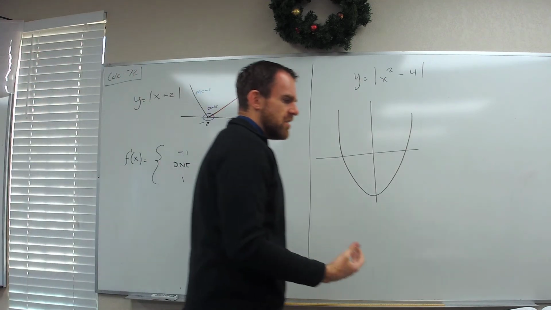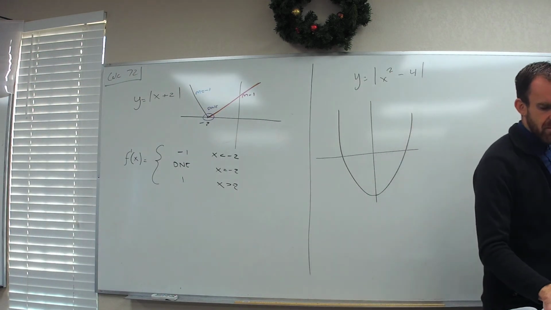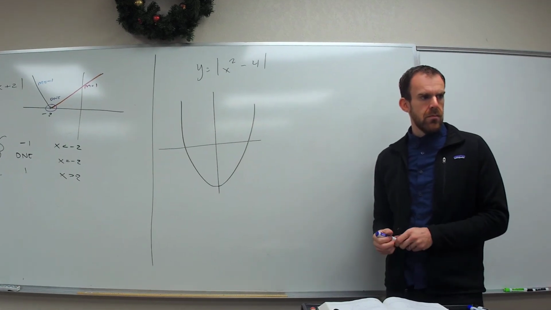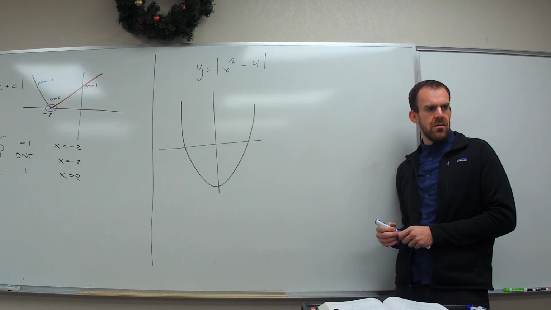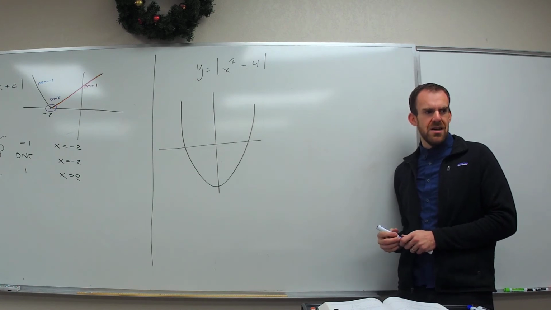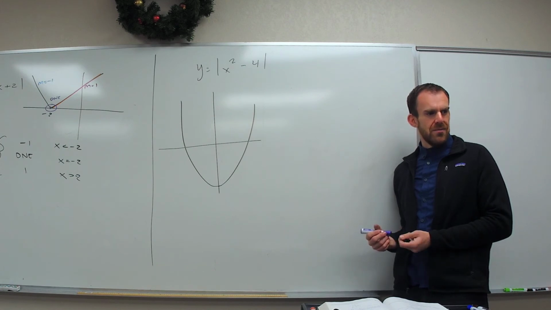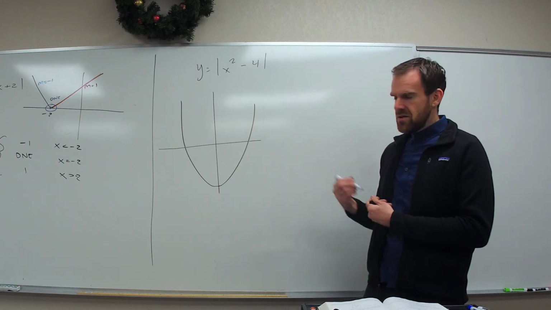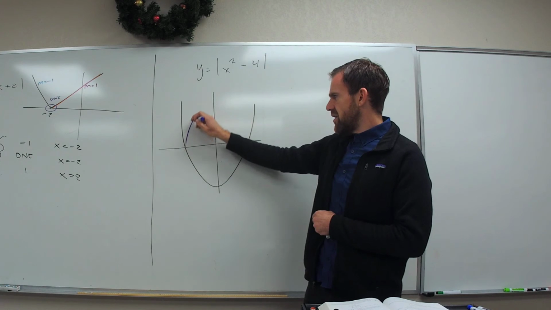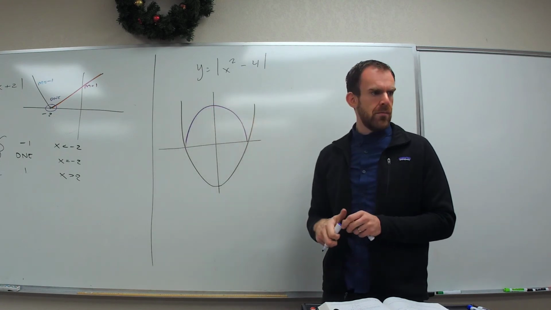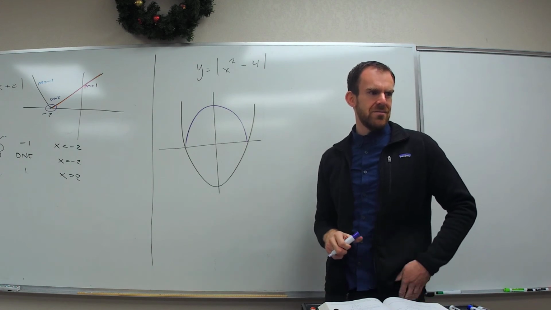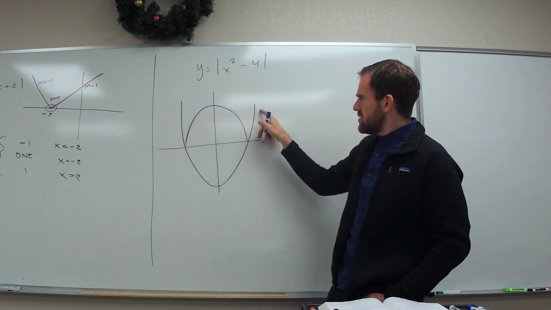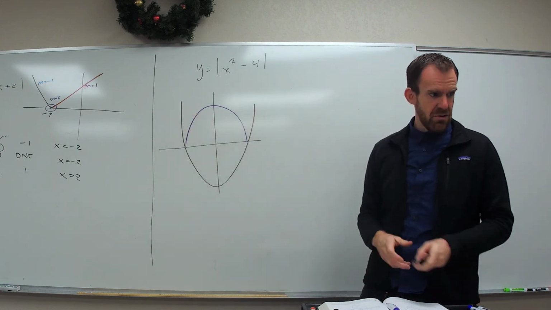What does the absolute value do to a number? What's the absolute value of -3? 3, right? It makes the negative parts positive. So what it's going to do is flip this part this way. So these parts still just stay because they were already positive.